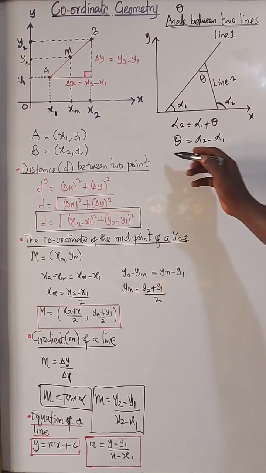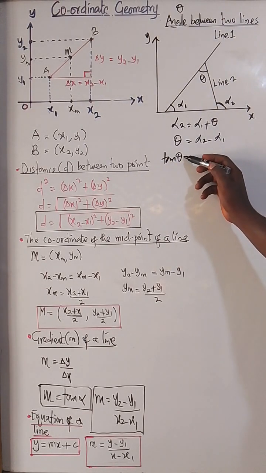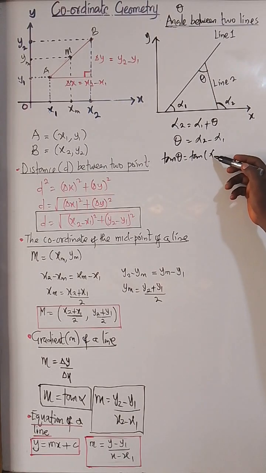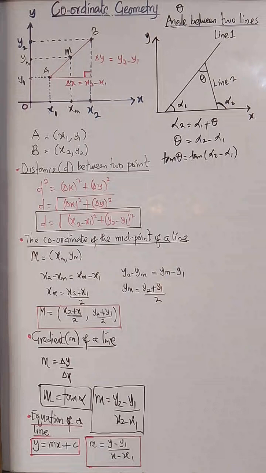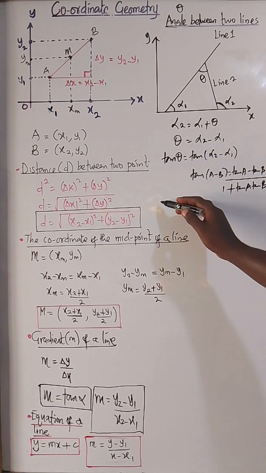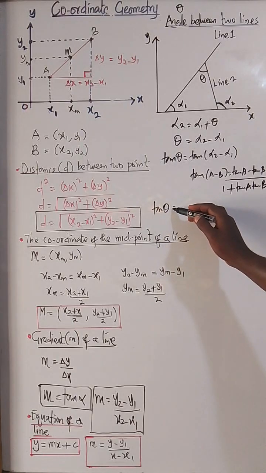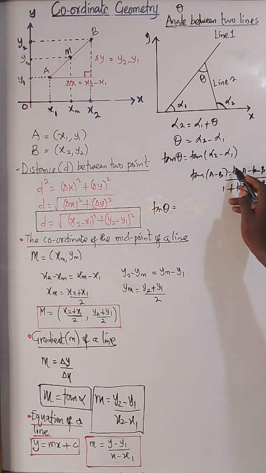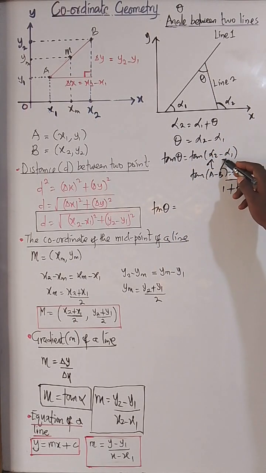Then let's take tan of both sides. So tan theta equals tan of alpha 2 minus alpha 1. And recall the compound angle expansion of tan. If we have tan of A minus B, the answer is tan A minus tan B divided by 1 plus tan A tan B. So in this case, we replace A with alpha 2, B with alpha 1.